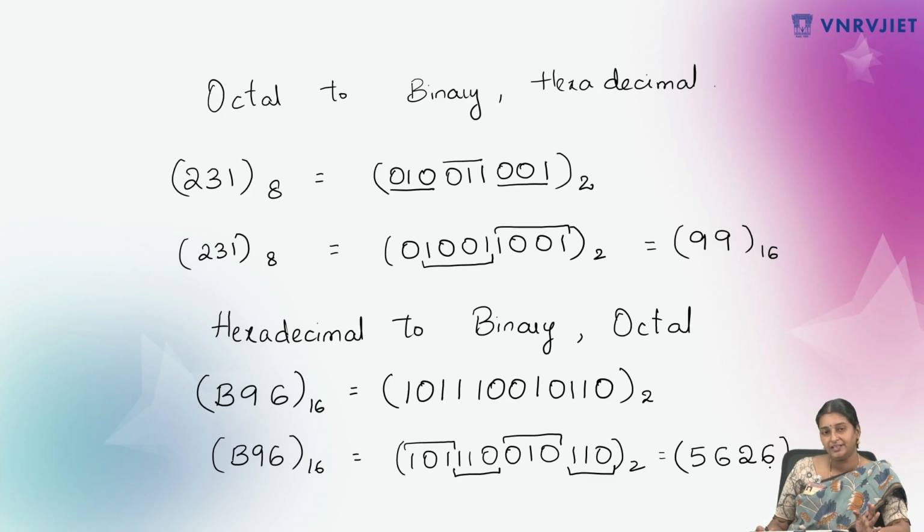It doesn't mean that there will be only 12 conversions. Here we have taken only the 4 number systems which we use in general in real-time systems or real-time experiences, and we have converted one number system into another. So this is about number base conversions.